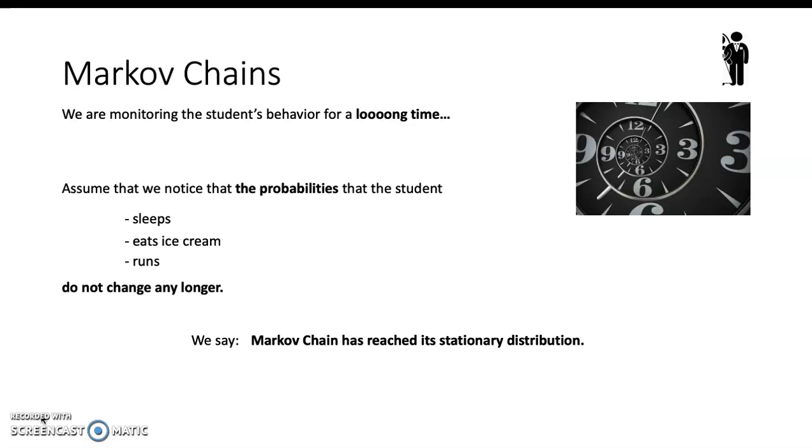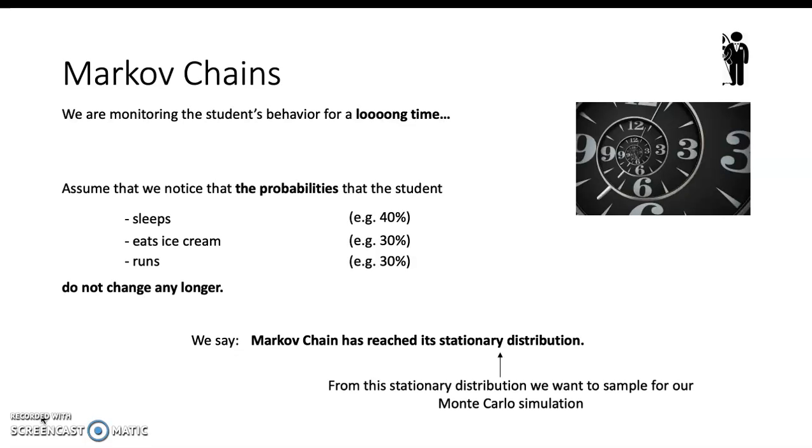So we say that the Markov chain has reached a stationary distribution. For example, maybe he sleeps with a probability of 40%, eats ice cream with a probability of 30%, or runs with a probability of 30%. And from this stationary distribution, we actually want to sample for our Monte Carlo simulation.